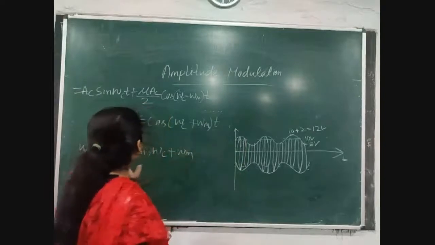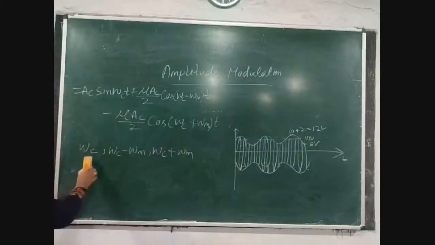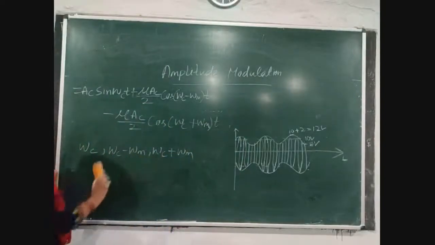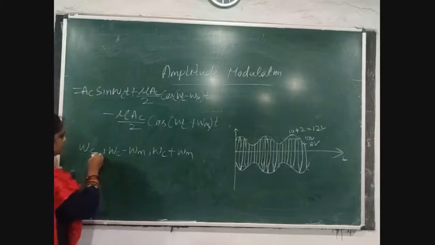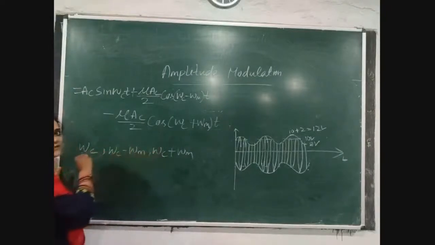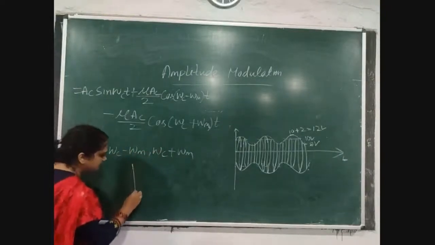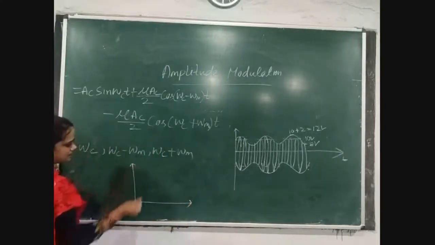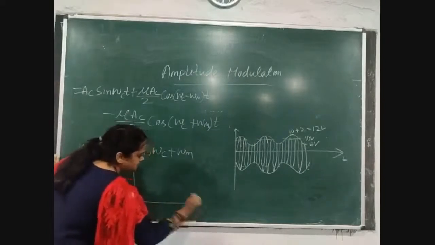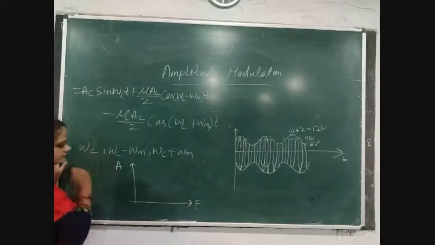Understand? Next, as we know, we have 3 frequency components used in the modulated waveform. So using these 3 frequency components we draw the frequency response curve. So this is the amplitude line, this is the frequency line, and we have 3 components.